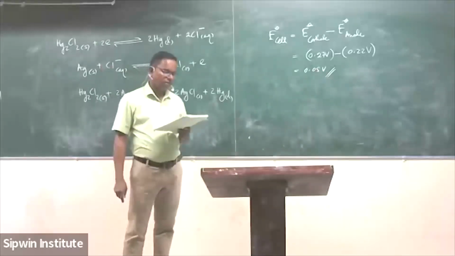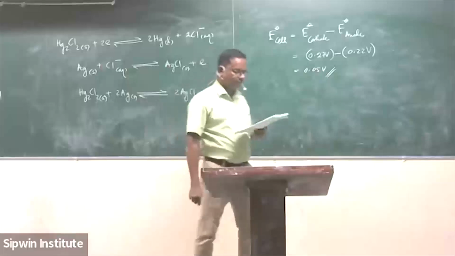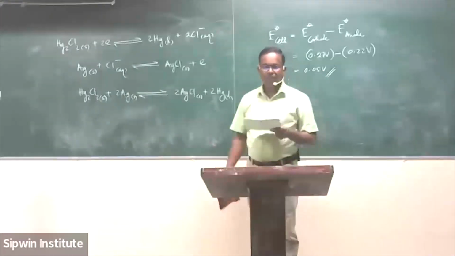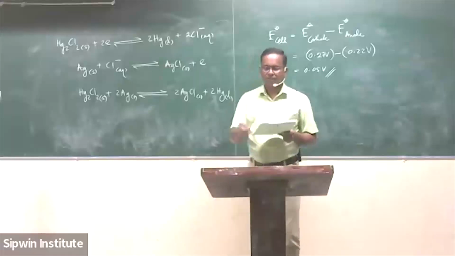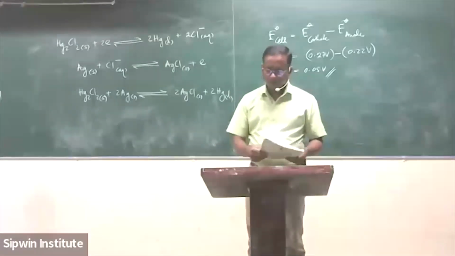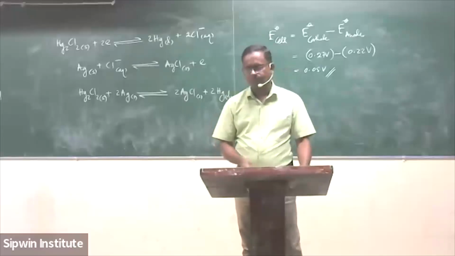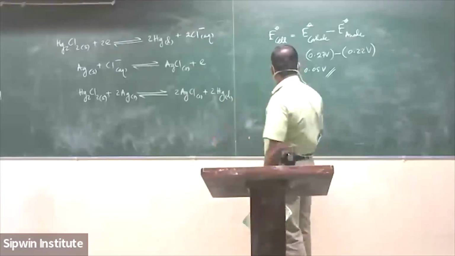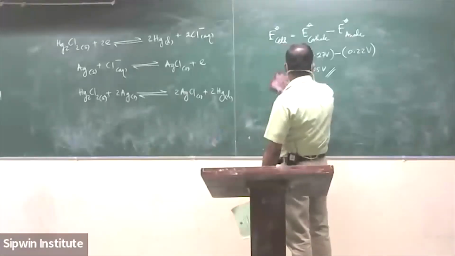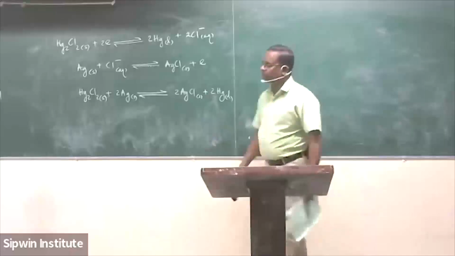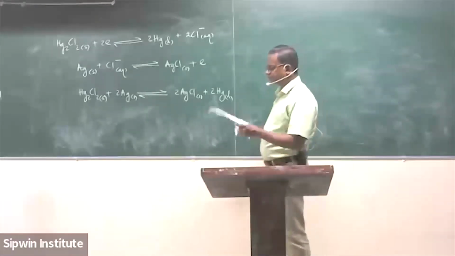Give the standard cell notation of the above cell reaction. In your diagram you can see there is no junction. We have written this answer before.